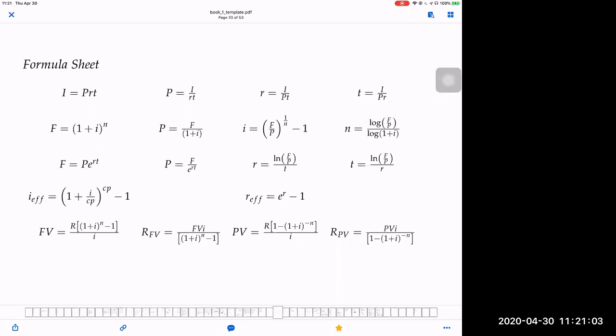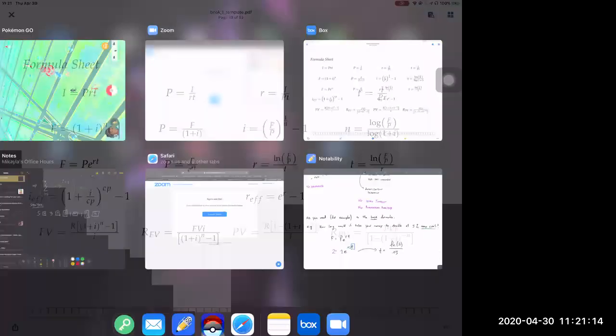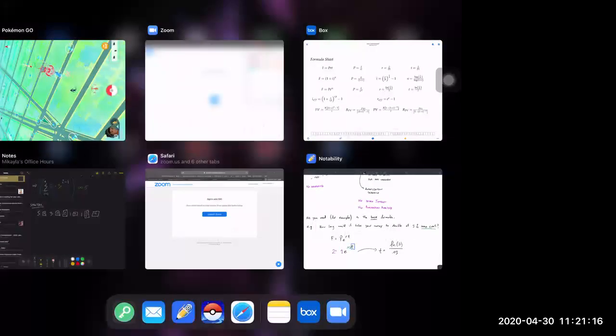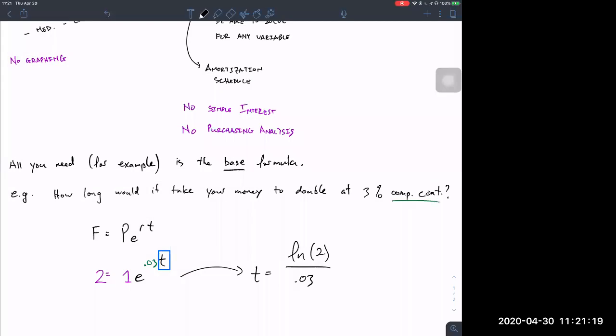So you don't want to run into the mistake where I always ask, what number was given and what do you not know? And then all of a sudden you accidentally plug in the number that's labeled correctly, but into the wrong variable. So, things like that.